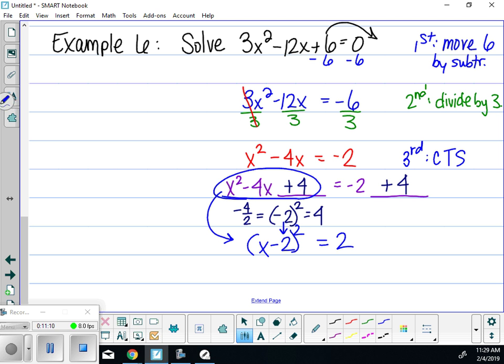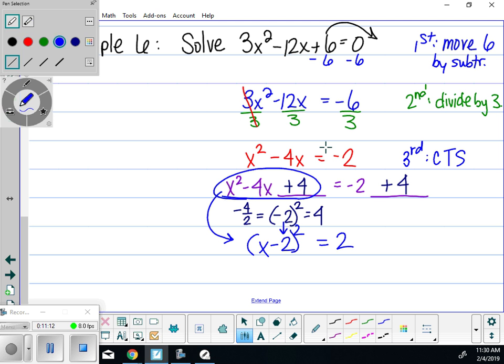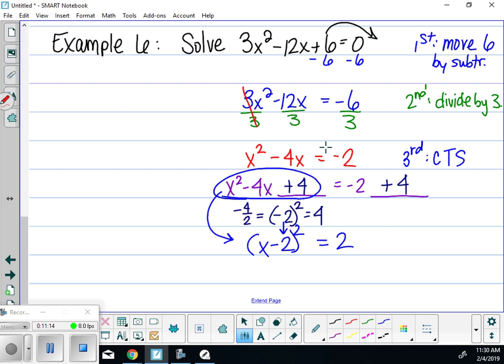Now, how do we solve this? Square root, square root. x minus 2 equals positive or negative square root of 2. Can we do anything with the square root of 2? No. If you type it into a calculator, you're going to get a nasty little decimal.